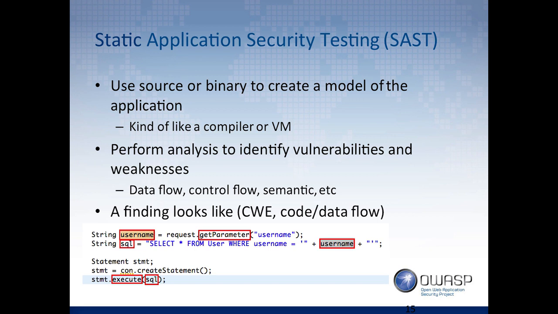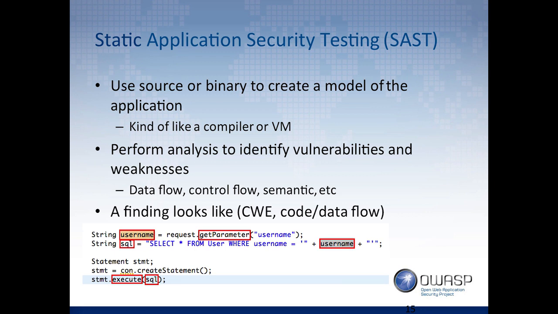So you're going to do things like semantic analysis, looking for calls to known bad functions, or you'll do data flow analysis to look for tainted data coming into the application, traversing through the application, and being fed into a sensitive sink function, or control flow, looking for situations where you step through parts of the application in a way that may be ambiguous or maybe indicative that you hadn't properly considered things like return codes and stuff like that.